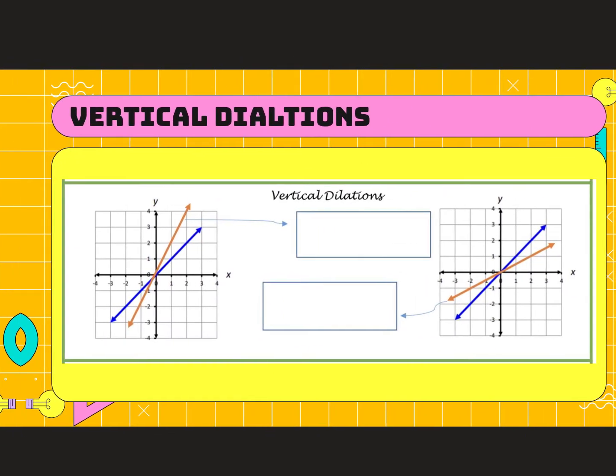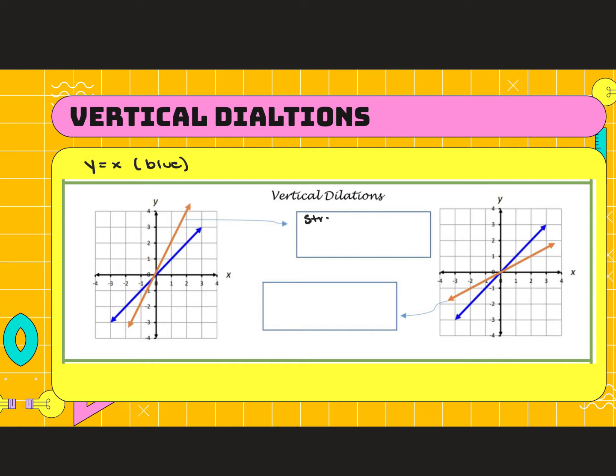All right, in terms of stretches and compression, again, our parent function is always y equals x, which in this case is the blue graph. Looking at this first graph here, we have our parent function of y equals x. We can see here that this orange line is going to be considered a stretch.